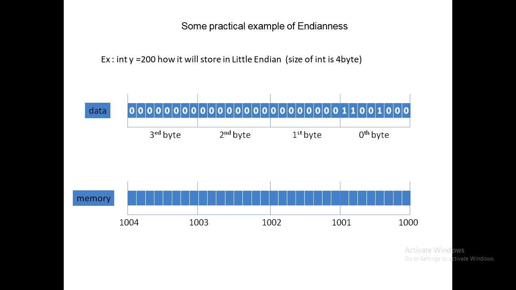That means the 0th byte is stored at memory location 1000, and one by one all the bytes are stored in memory. The second byte is stored at 1002 and the third byte at 1003. Finally, this is the binary representation of 200 and this is how it is stored in a little endian system.